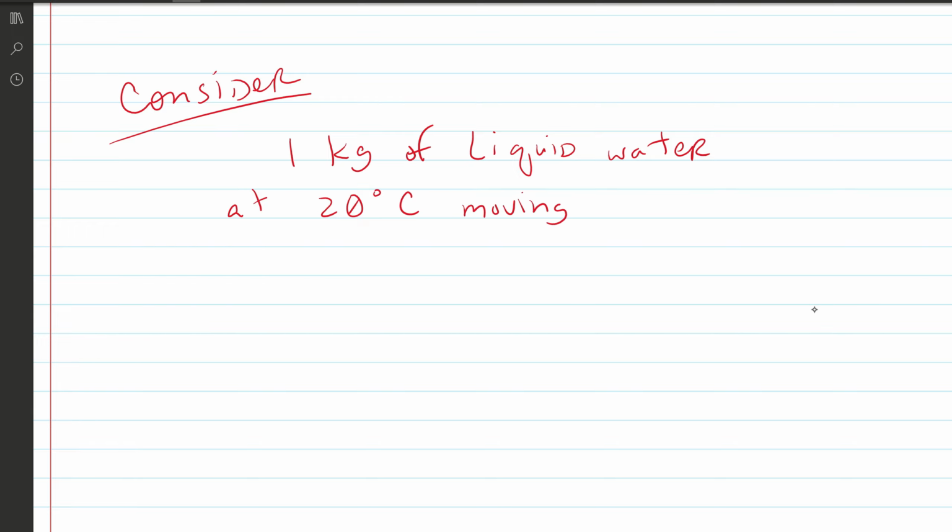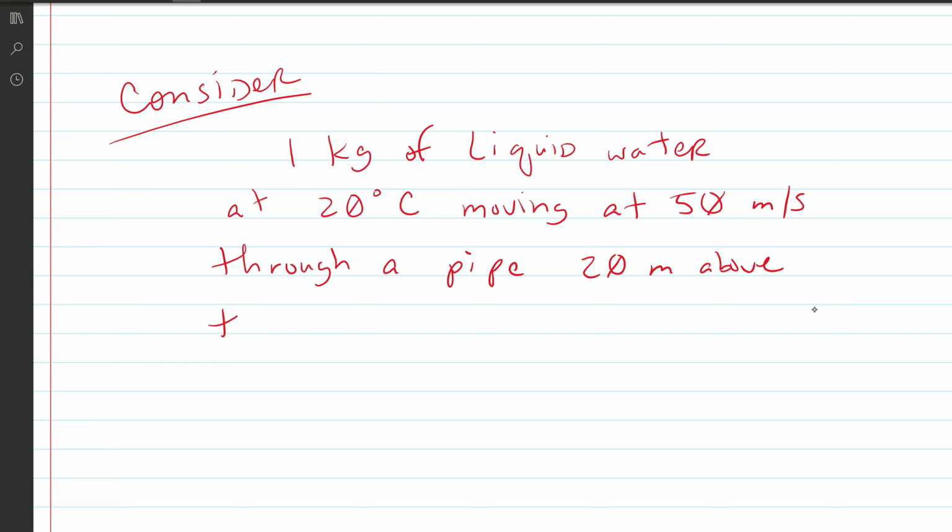And they are telling us that it's moving at 50 meters per second through a pipe. And the pipe is 20 meters above the ground. All right, they're giving us that U is equal to 83.9 kilojoules per kilogram.